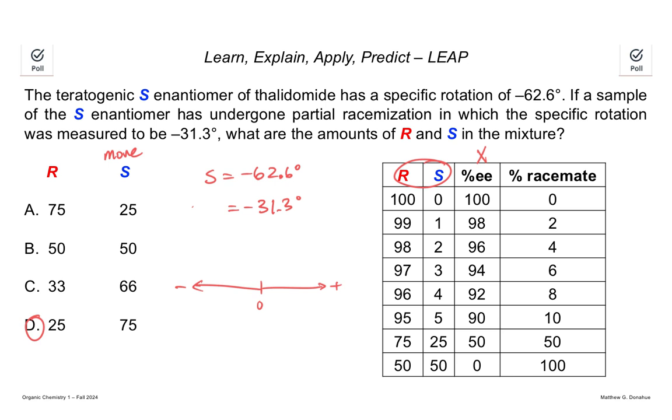You have 25 parts of the R that are canceling out 25 parts of the S. That gives you the 50. So the 50 is the enantiomeric excess. And that's, again, derived from 25 to 75.